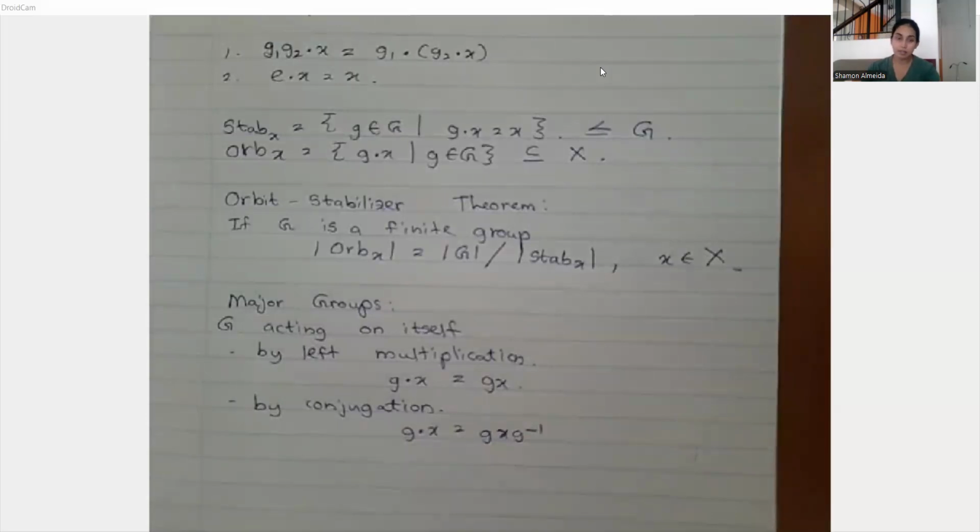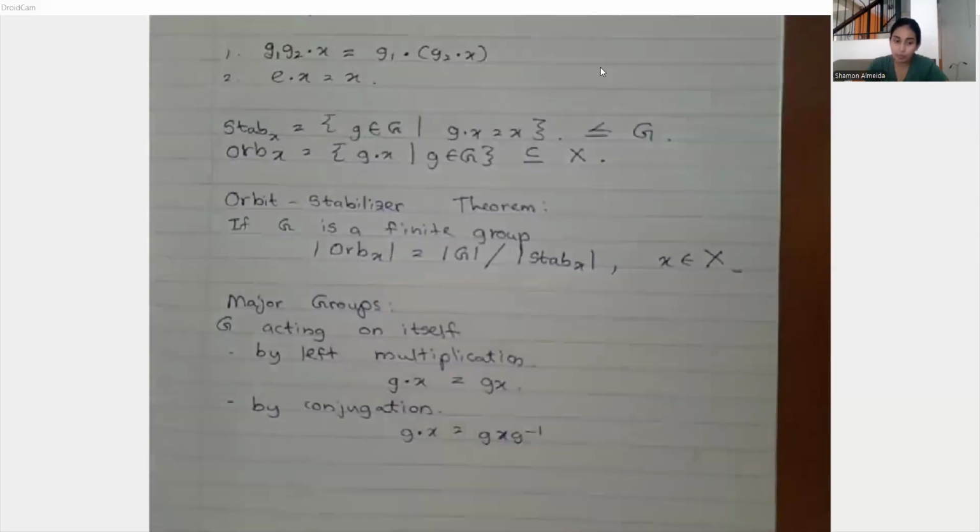These are some of the important examples that we went over. And we say that an element is fixed by the action of the group if for every element G, G dot X is equal to X. That means that particular element in X is fixed by every element in G. In that case, we simply say that it's fixed by the group action.